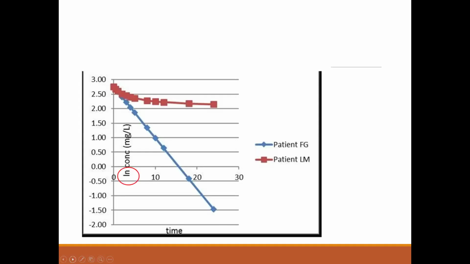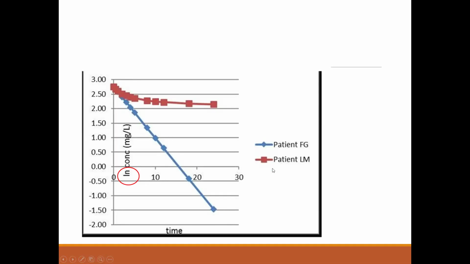So looking at these two different patients, this is natural log concentration and this is time. So we can see that again, this patient, FG, has a linear falling of the concentration here. And this patient here, you can see it's not being eliminated with time very quickly, and it's certainly not in a linear fashion.